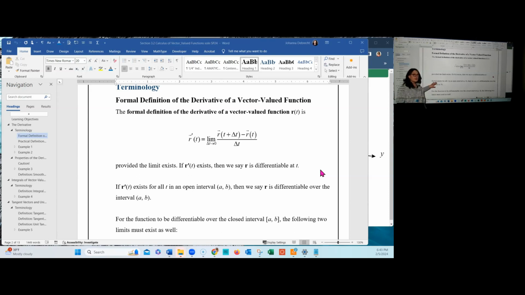If the derivative for the vector-valued function r of t exists for all t in an open interval, say between a and b, then we say that r is differentiable over the interval a to b. For the function to be differentiable over a closed interval, we have to add a couple of conditions.